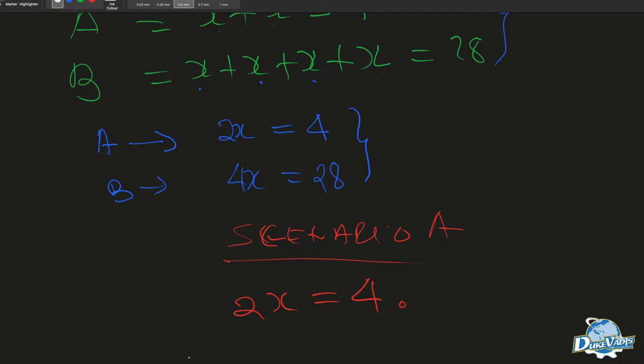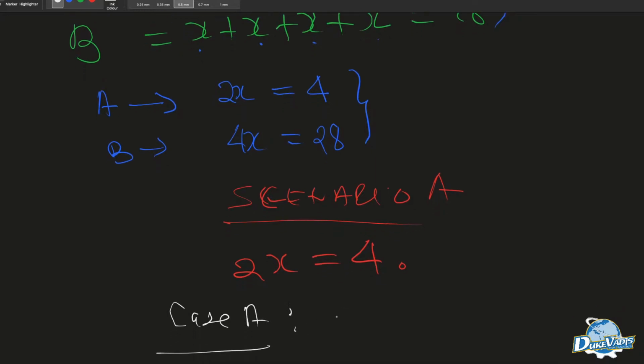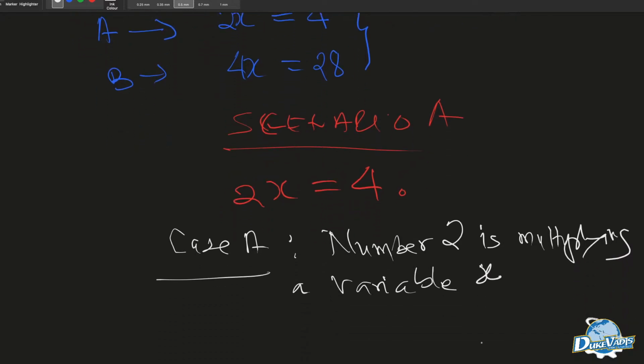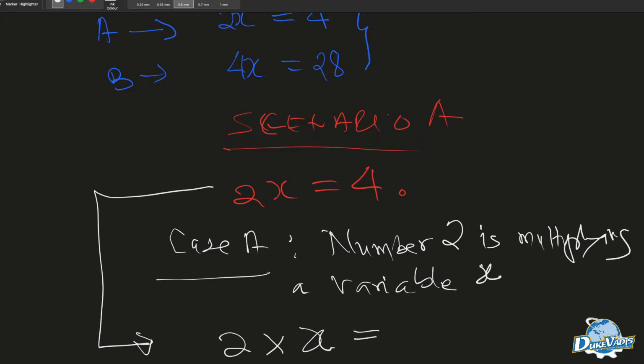In such a case, it means that the number 2 is multiplying the variable x. So the interpretation of this equation is the same as saying 2 multiplying x is equal to 4.